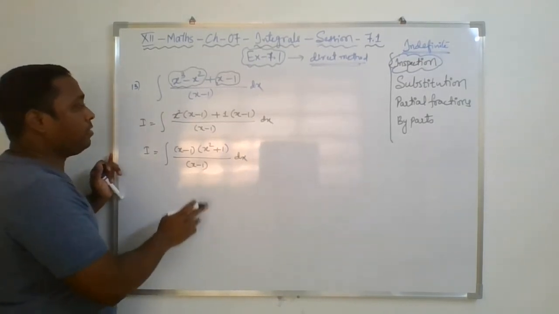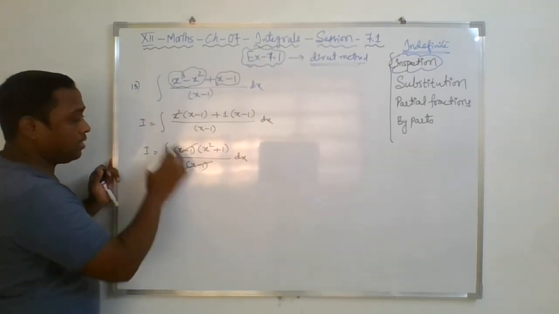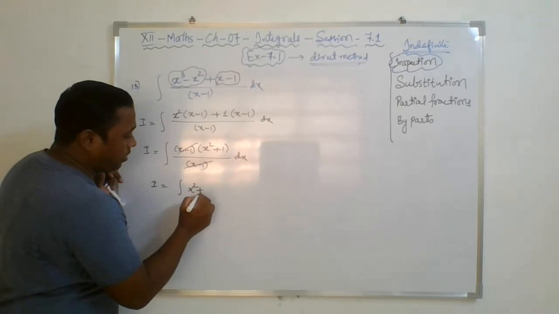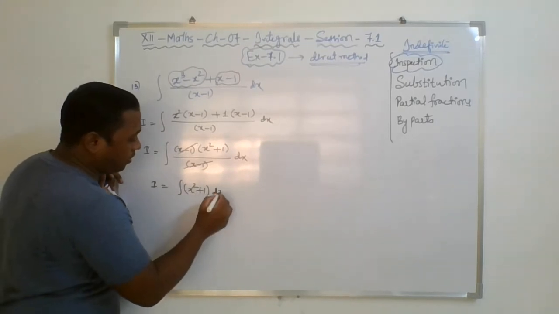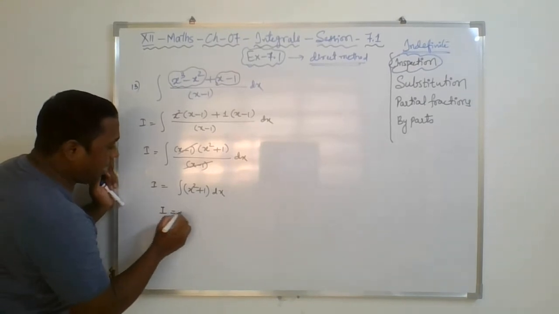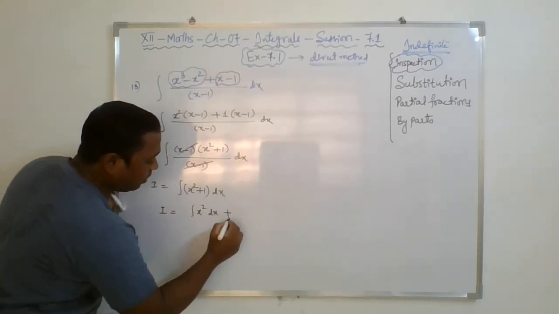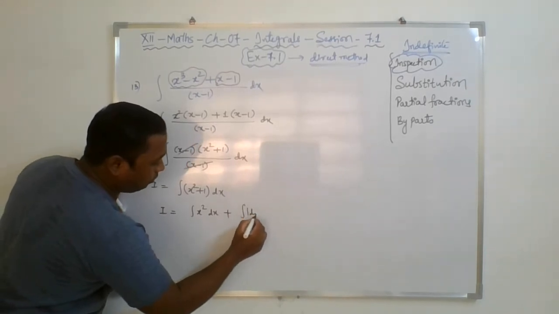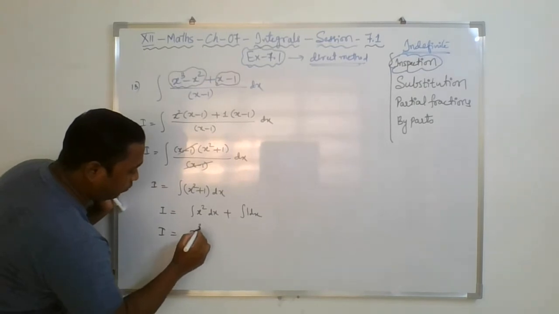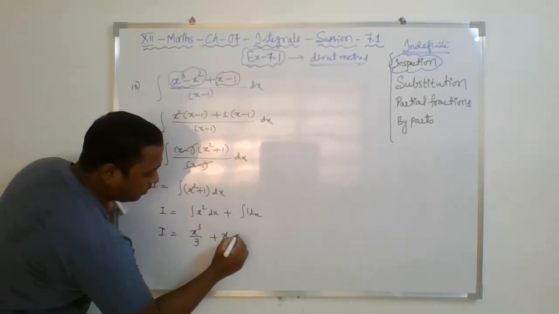So if I'm doing this, x minus 1 gets cancelled as a common factor. Hence, we have integral of x square plus 1 dx. Now you can separate this integral into subparts. Integral of x square dx plus integral of 1 into dx. So integral of x square is what? x cubed by 3. Integral of 1 is x plus c.